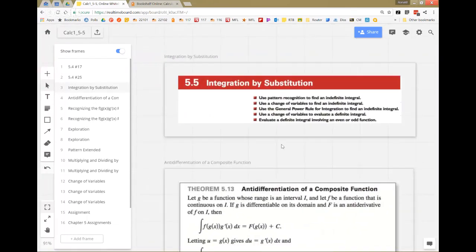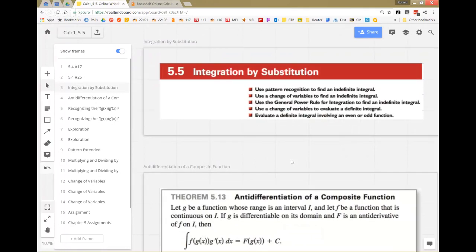Okay, so this is kind of our chain rule in reverse. At least we're going to start getting into it. This is more of a vision problem than anything. And by vision, I mean you got to keep your eyes peeled for certain things. And when you see them, then it'll be pretty clear how to proceed.